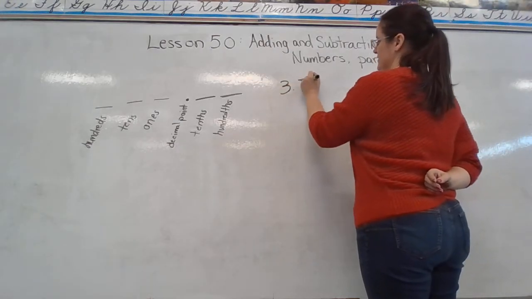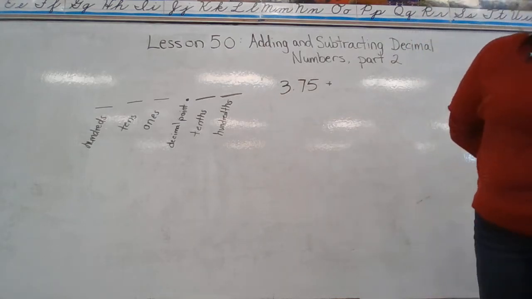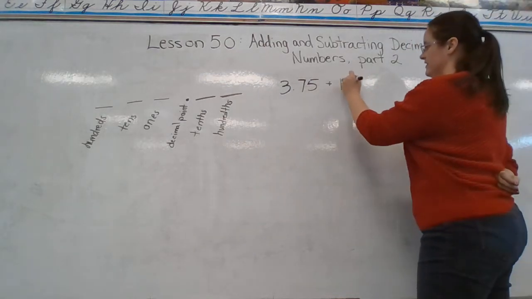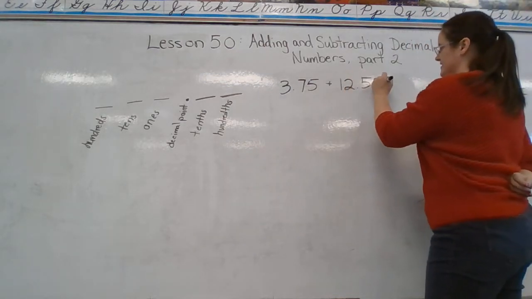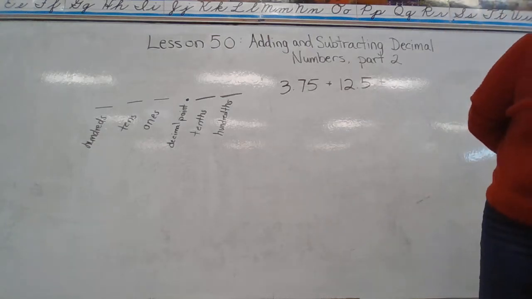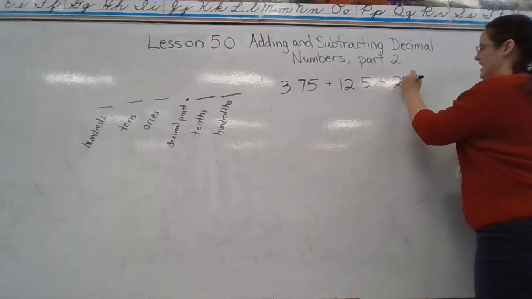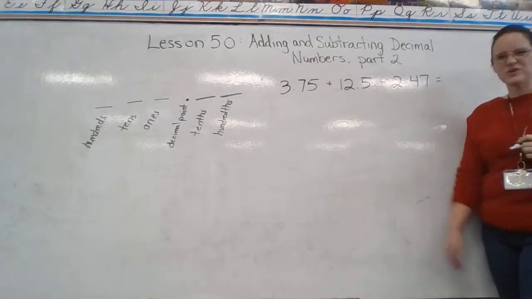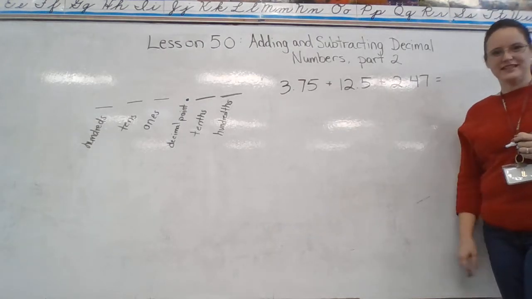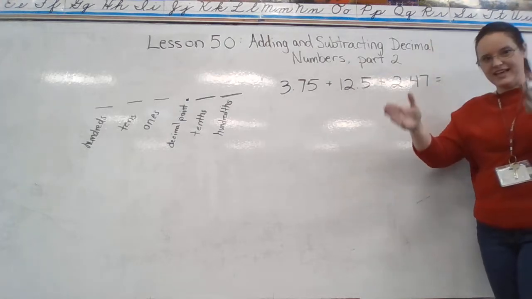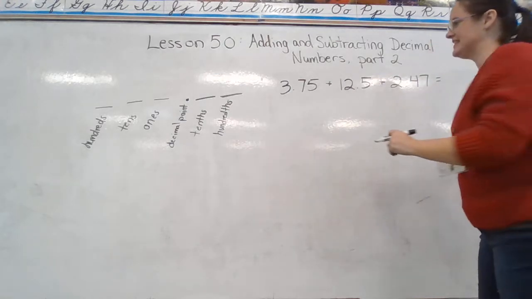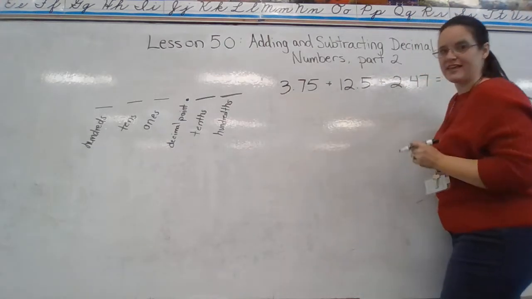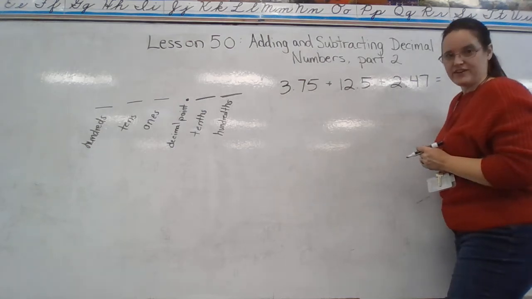3 and 75/100 plus 12 and 5/10 plus 2 and 47/100. Look at this ugly horizontal problem. We don't want to leave it like that. We want to line up our place values nice and neat on our paper. So I'll start with my 3 and 75/100.